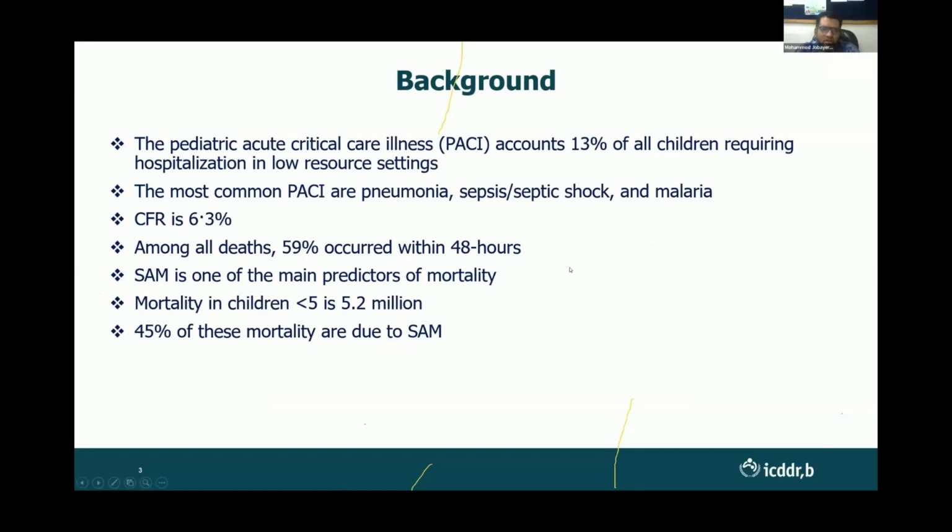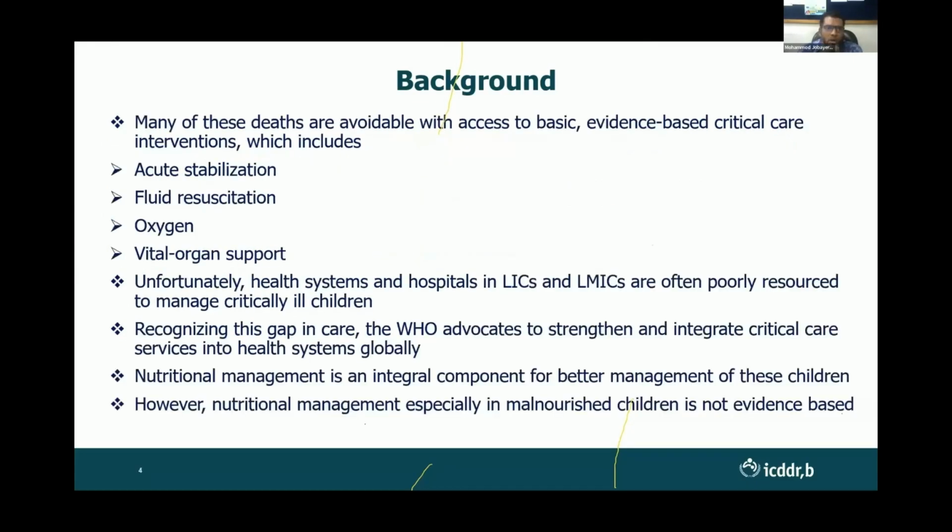Among 2 million under-5 deaths, 45% of this mortality occurs from severe acute malnutrition, and among children who require critical care, 30% also fall under severe acute malnutrition. That means that if we can manage severe acute malnutrition appropriately, we can reduce these deaths among children who require critical care.